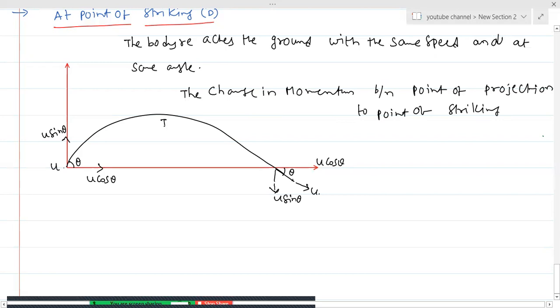We know this time is the time of flight. So delta P is equivalent to force into time.